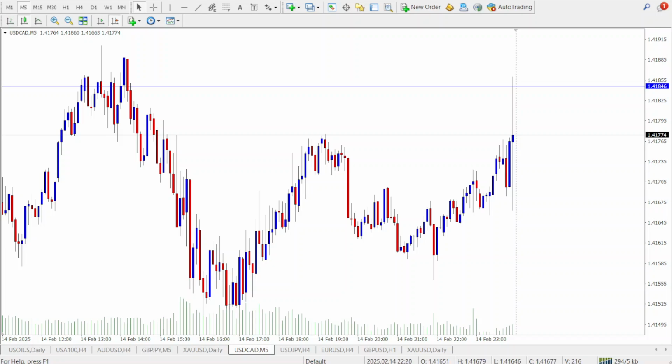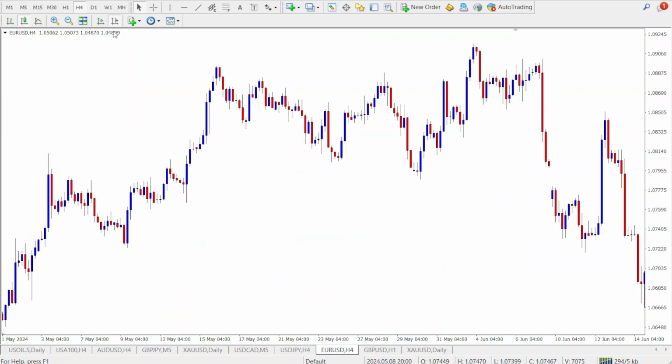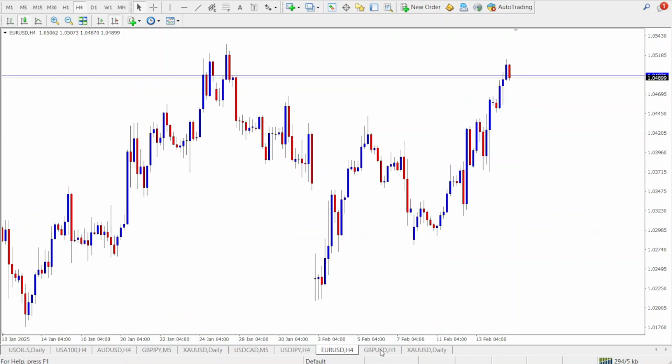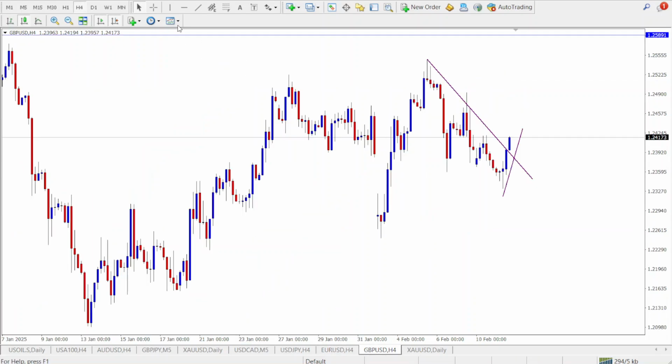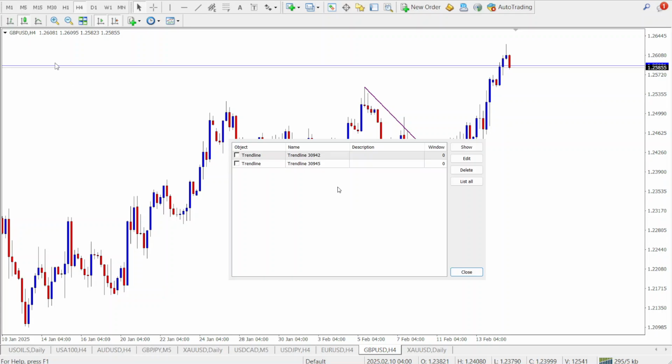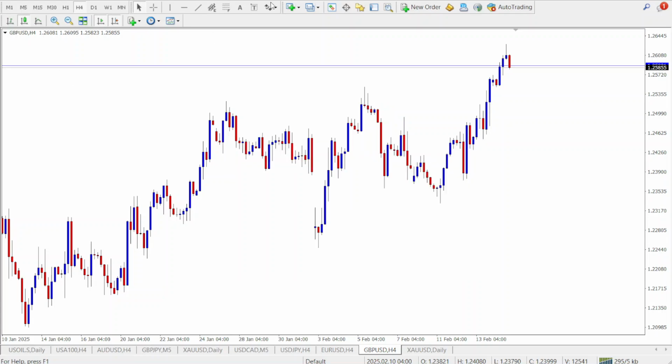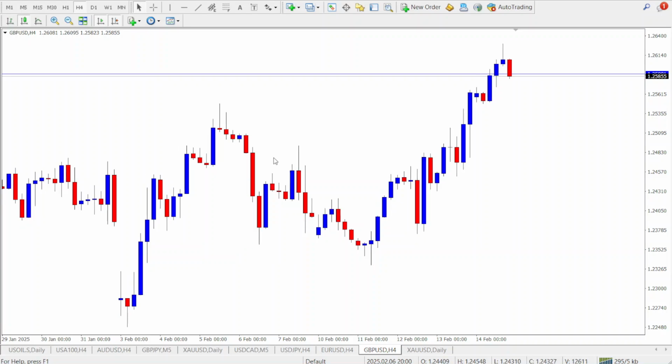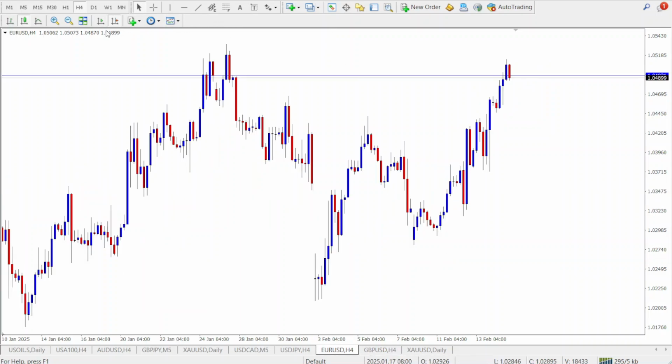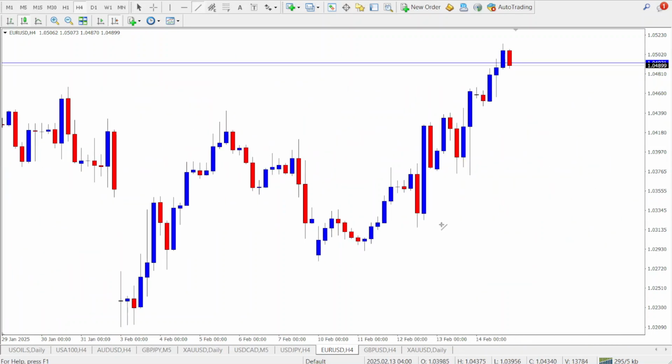For example, if one pair goes up, the other will also go up. Can you see what we see happening between Euro USD and GBP USD?